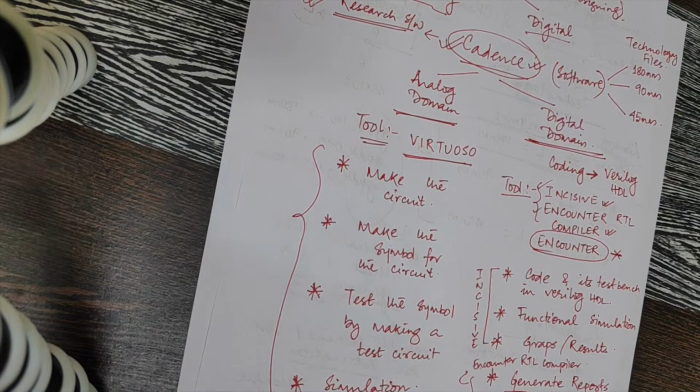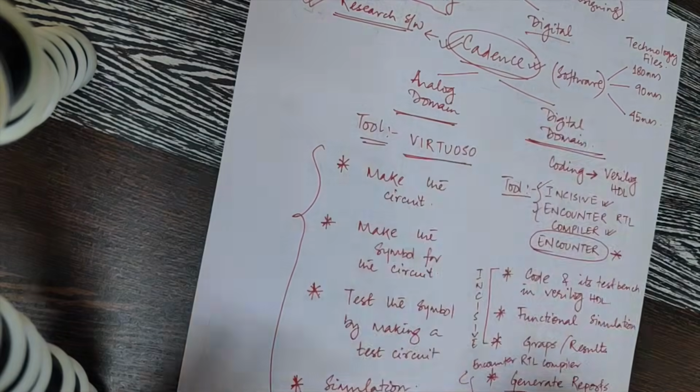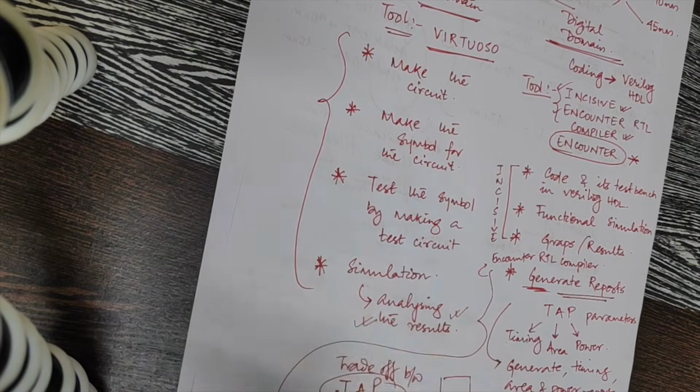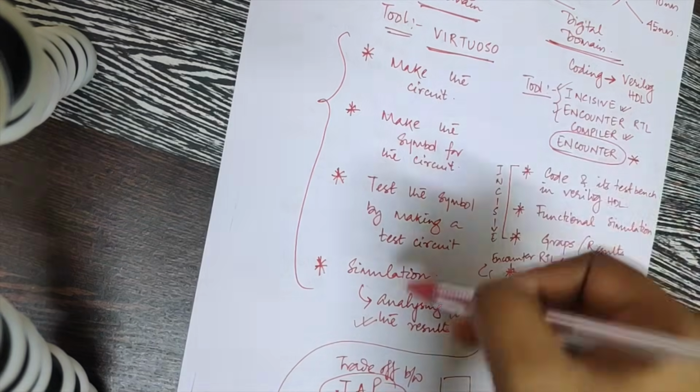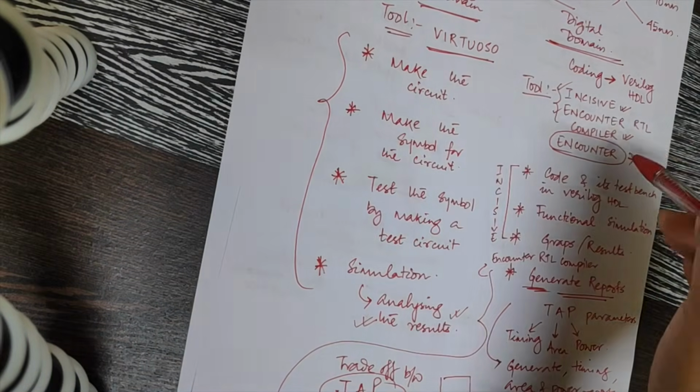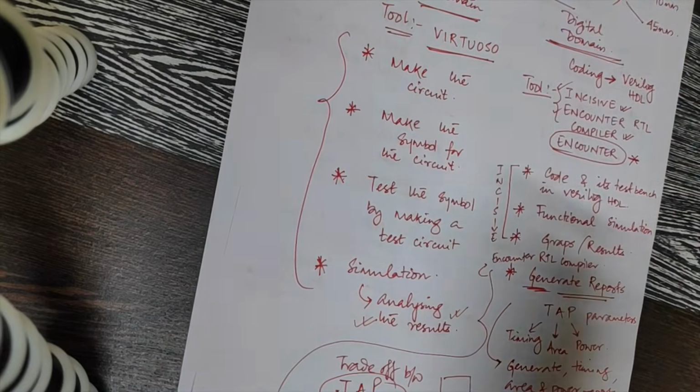So this is the introduction of the software and the tools you are going to deal with. What are the tools you are going to deal with in this semester? Virtuoso for analog, Incisive and Encounter RTL Compiler for digital.